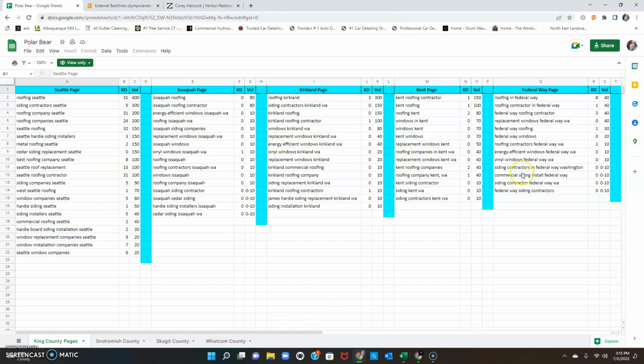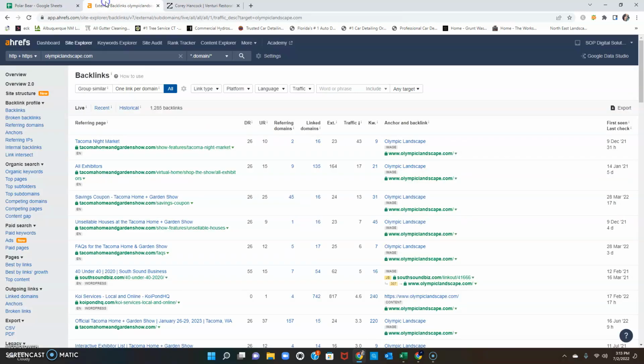So really important, do all your keyword research and then come up with a total volume for all of the keywords combined. The next thing that I do, of course, is my backlink research. With the number one competitor, I go through all of their backlinks and determine what I'm going to need.